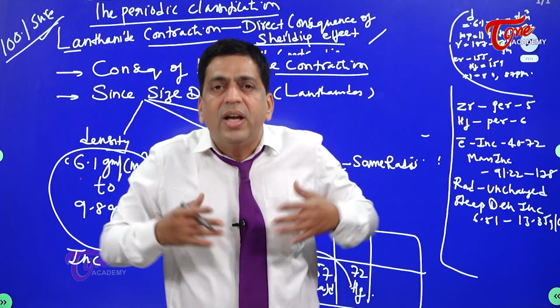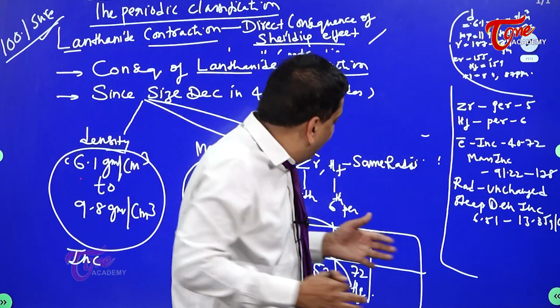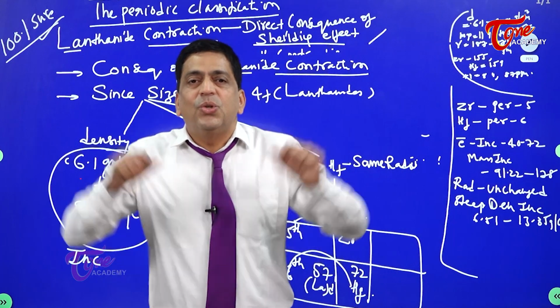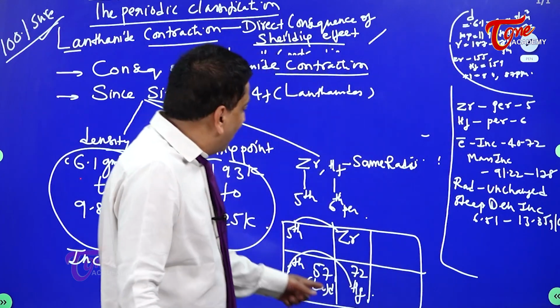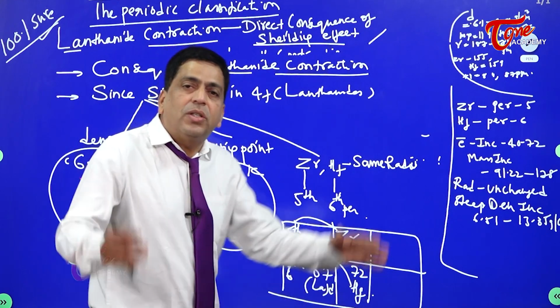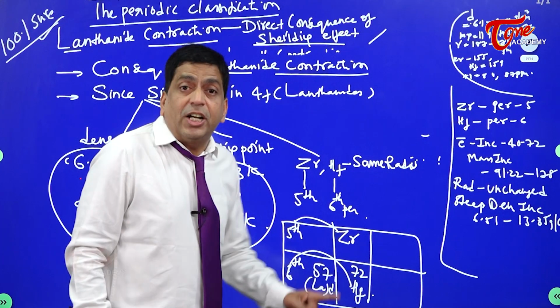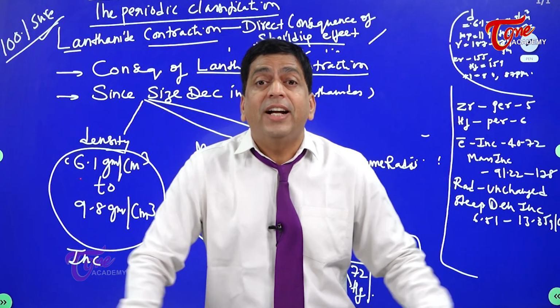What we were told is that in a group, size increases. And this is a D block. Below zirconium is hafnium, so we expect a size increase. But what happens? The size of zirconium and hafnium is the same. Why? Between 57 and 72 there are 14 elements which are placed down, 58 to 71.